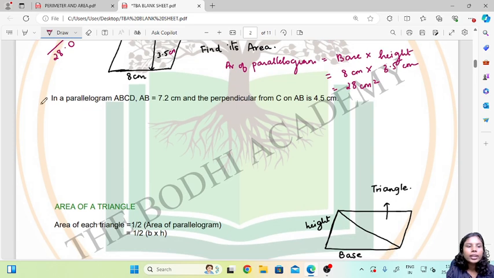Now let's look at this one. What it says is that in a parallelogram ABCD, AB equals 7.2 centimeter and the perpendicular from C on AB is 4.5 centimeter. So now here you have to draw the parallelogram. So this is our parallelogram.